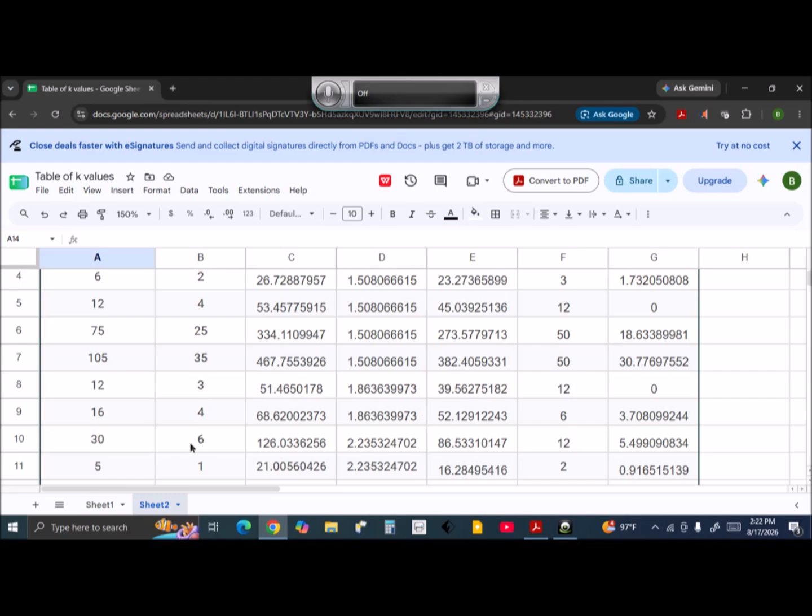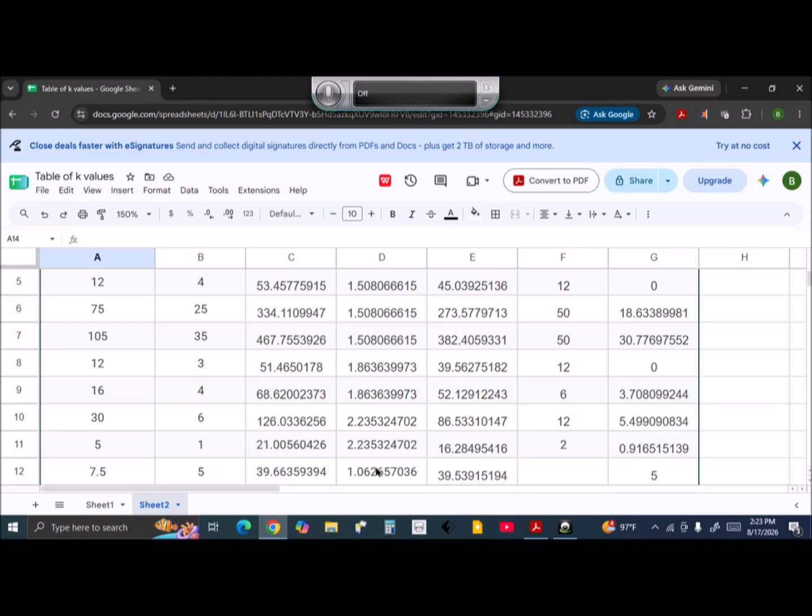Went on to 5. 30, which is 5 times 6. 2.235324702 for K. And obviously 5 is 5 times 1. And again, once again, K gives the same value.